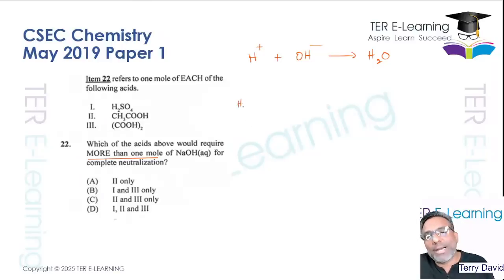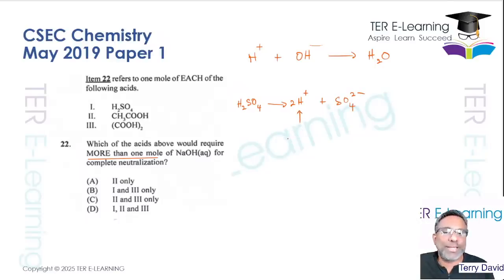If you look at sulfuric acid, that's H2SO4, when sulfuric acid ionizes, it's going to form 2H plus and SO4 2 minus. So sulfuric acid has a basicity of 2. There are 2 moles of H plus here. So therefore, if it's 2 moles of H plus, it requires 2 moles of sodium hydroxide to neutralize. So this is true. This is also correct.